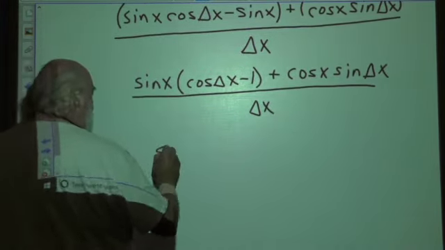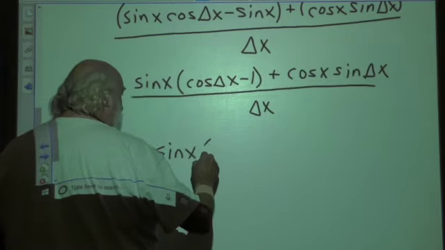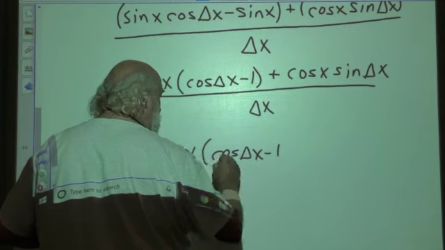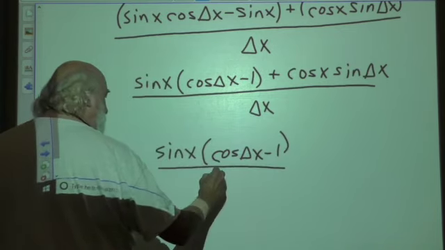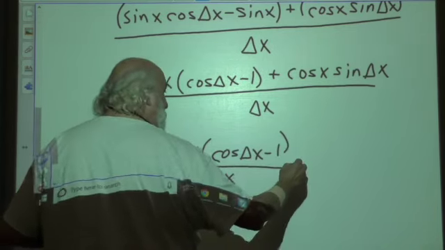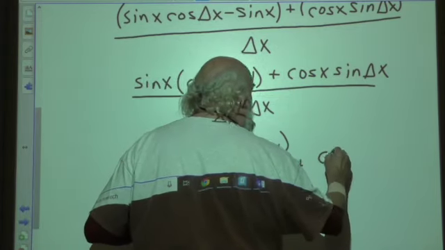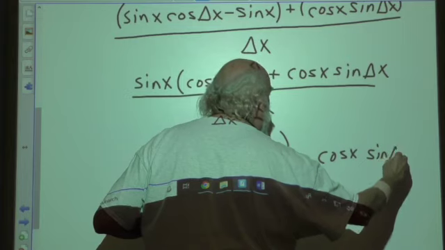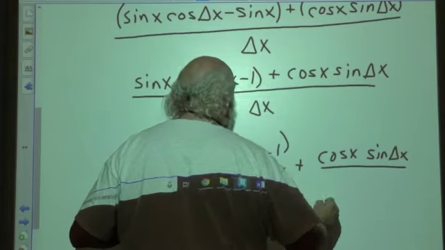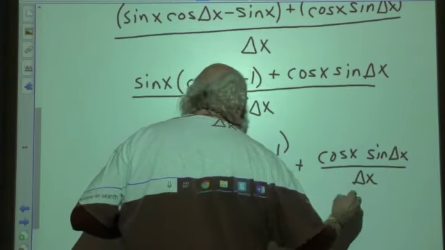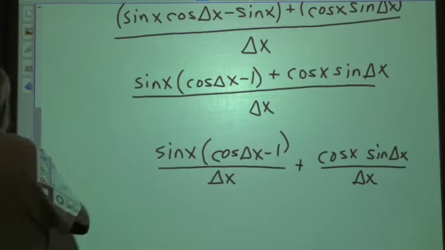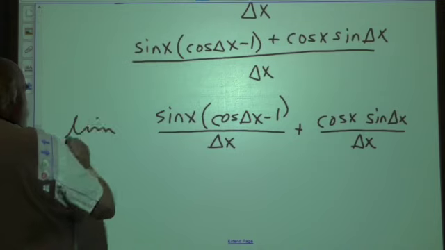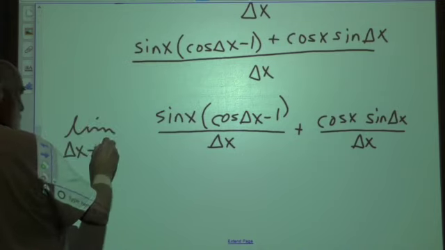So I'm going to make this sine x times the cosine of delta x minus 1 all over delta x, plus cosine x sine of delta x over delta x. Now, this is all the limit as delta x approaches 0.